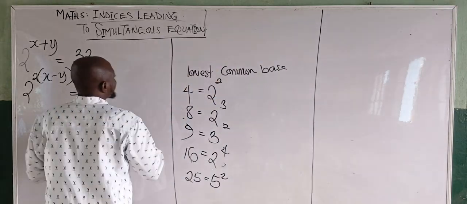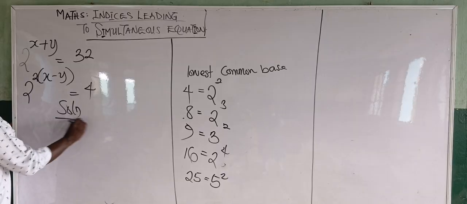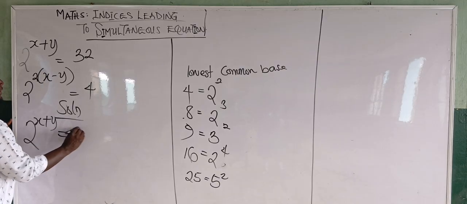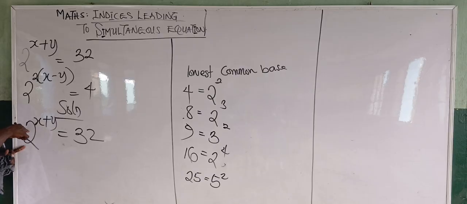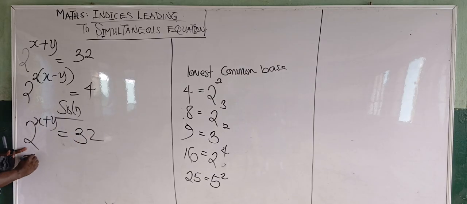So with this now, let's apply it here. The first thing we are doing now, I'll take all of this one out. So 2 raised to the power of x plus y gives me 32. This one is already giving us a hint that you can break 2 into several places to give you 32. So if I break that, bring this one down first, x plus y.